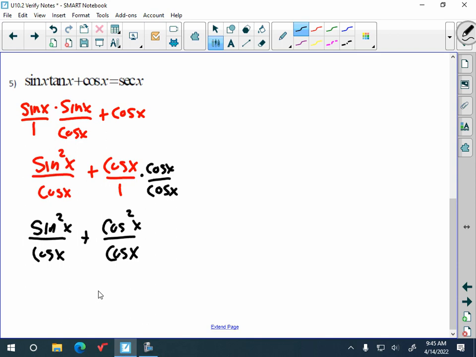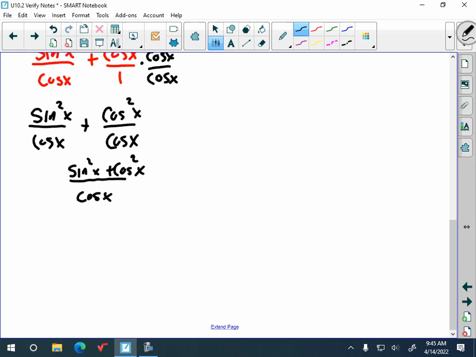Now I can write one single fraction, putting cosine x on the bottom, and sine squared x plus cosine squared x on top. Sine squared x plus cosine squared x is a Pythagorean identity. That equals 1. 1 over cosine is secant, which is what I'm trying to prove.